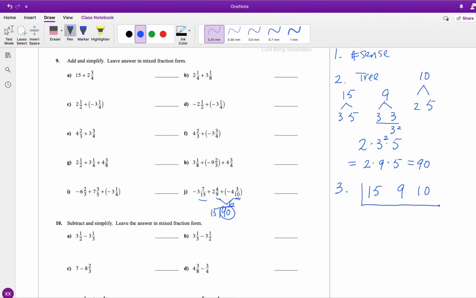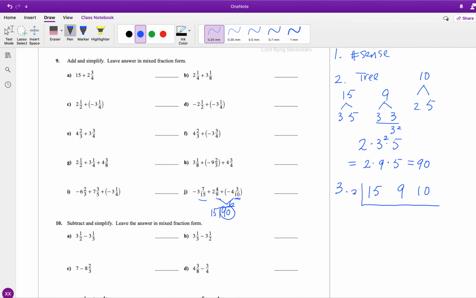What that means is you're trying to see whether, among the three numbers, there's a common factor between at least two of them. If we look at 15 and 9, they both can be divided by 3. 10 cannot be divided by 3, but that's fine.